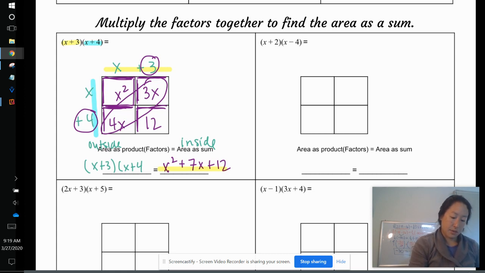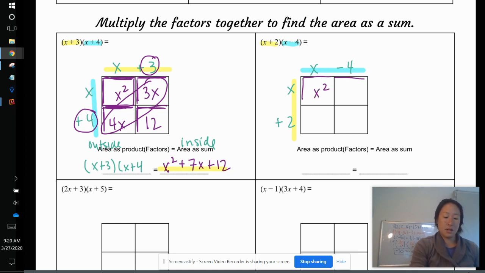Okay, next one. On the outside, we're going to write our x plus 2 and our x minus 4. This time I'm going to write the blue up top and the yellow on the side. So I go x minus 4, and I put the negative with the 4, and then x plus 2. So we have x times x gives me x squared.